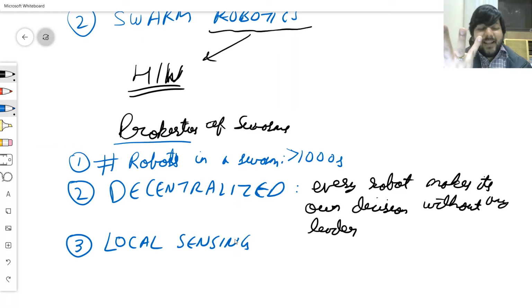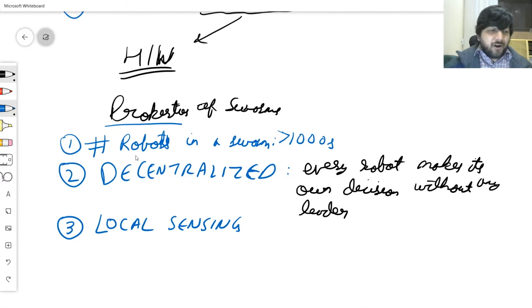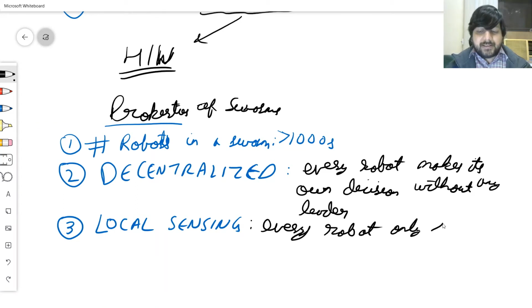Now, local sensing is better understood because in obstacle avoidance, only the nearby obstacle mattered to us. Far away had the potential zero, vector field histogram were pruned out, velocity obstacle were pruned out. So we anyways know that reactive decisions are all local. They may not be optimal, but they are local, they are fast. So every robot will only see the few robots around.